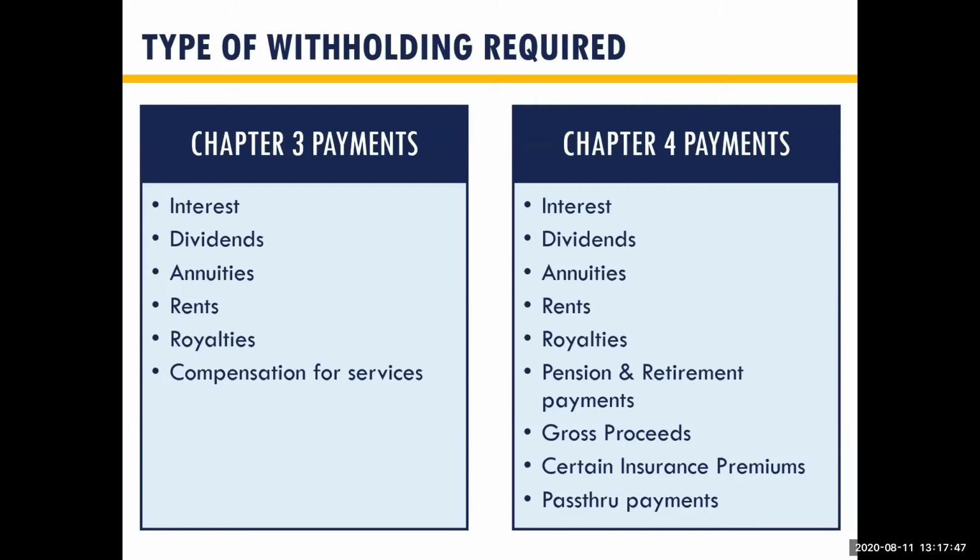But in addition, Chapter 4 payments subject to withholding tax include gross proceeds, certain insurance premiums, and some pass-through payments. Again, I'm not expecting that those would be attributable to you, but I wanted to mention it just in case.